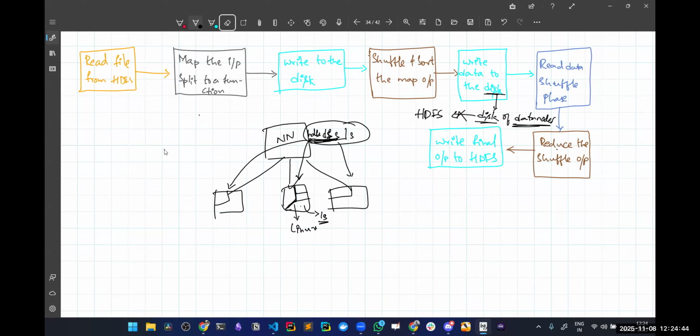This has a different workspace compared to your Linux one. Your Linux is a normal box which has your CPU, RAM, hard disk, and all of that.